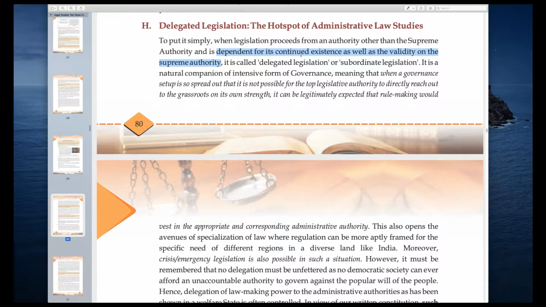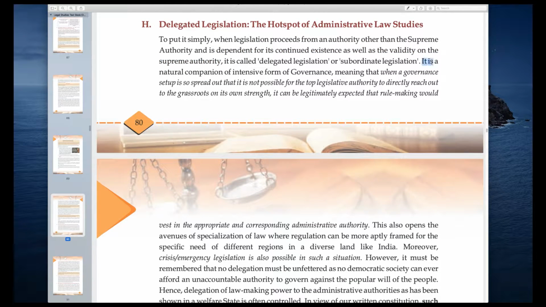It means the supreme authority has the duty or power to regulate and review the rules or regulations or provisions made by the subordinate authority. That's why it is also known as subordinate legislation, because it is made by a subordinate authority, not the ultimate or supreme authority. Right? Okay, I believe now you understood this sentence.